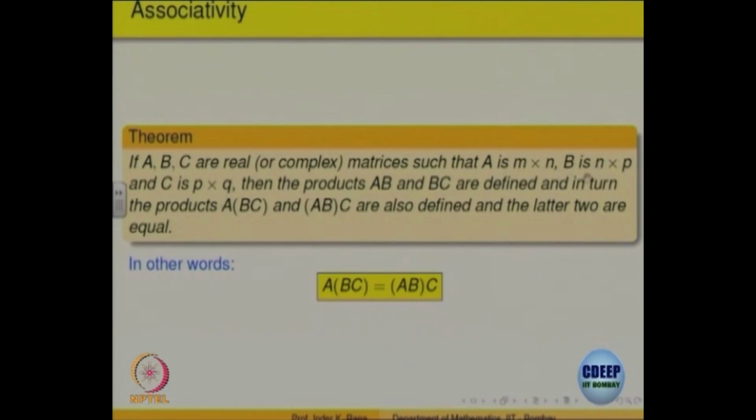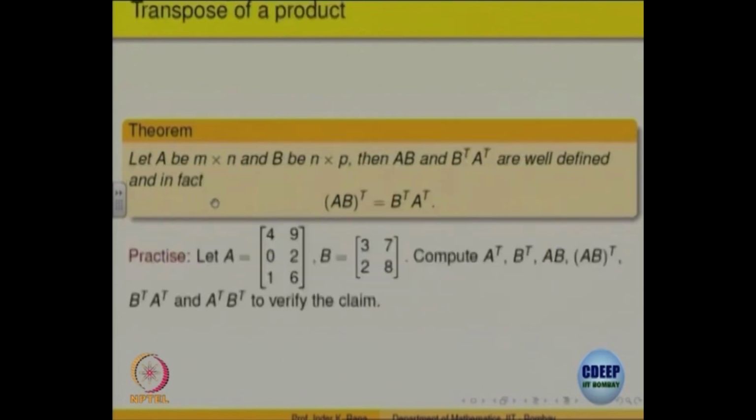So n matches here and p matches here. The resulting matrix will be of order m cross q. We will not prove it, but you can try to write a proof yourself, and verify it for some simple examples.